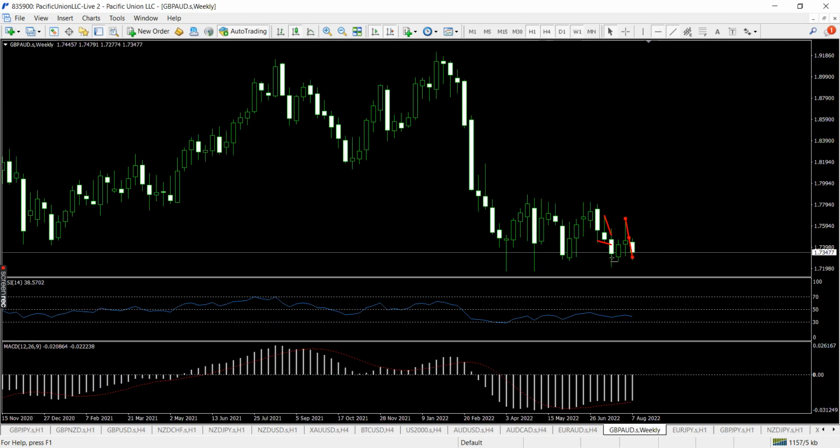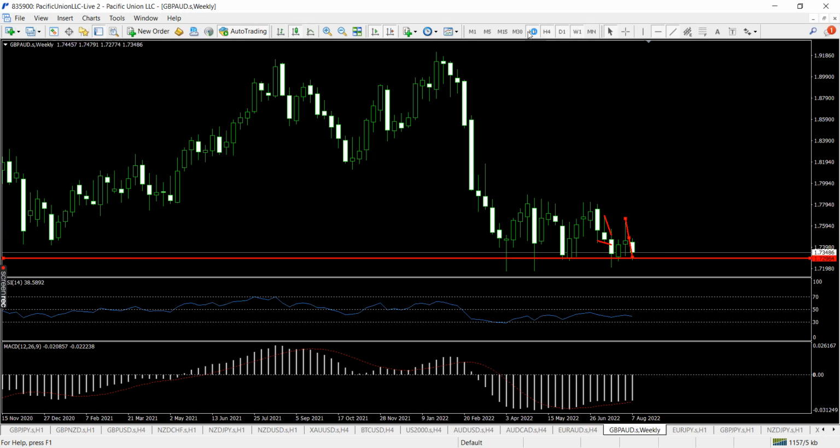I think I was mixing it up with GBPJPY the other time. So on the weekly time frame, we found that price hit a support level, so we're expecting a bullish movement.